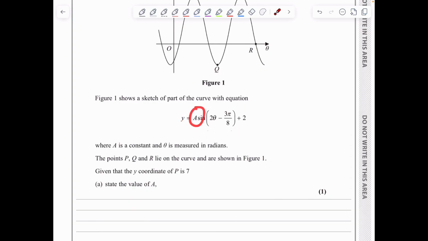This a here means that we're multiplying the y by a, and the plus 2 means that we are adding 2 to y. So we first multiply y by a, and then we add 2 to y. And looking at 2 theta minus 3 pi over 8, we said that anything that goes along with theta goes along the direction of theta, the horizontal direction, contrary to what we expect.